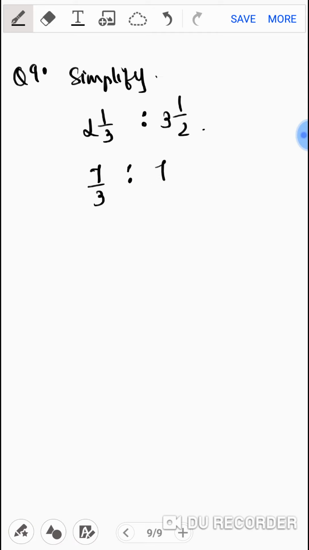Question number 9. You have to simplify 2 1/3 is to 3 1/2. First, this mixed fraction you have to convert into improper fraction, that is 7/3 is to 7/2. Then you have to take the denominators' LCM. So 3 and 2, the LCM is 6, my dear kids.